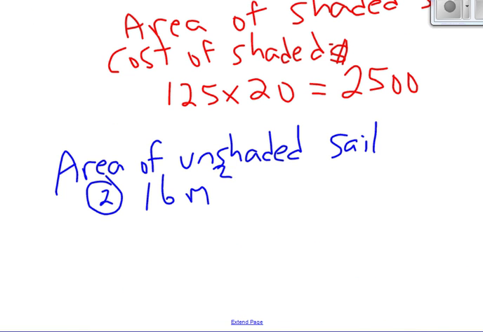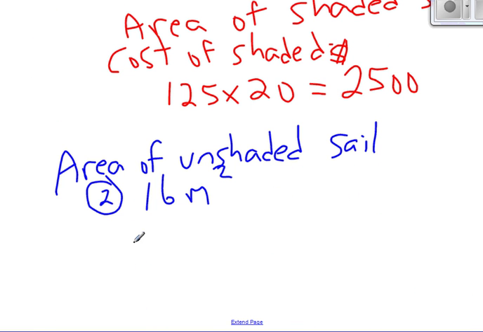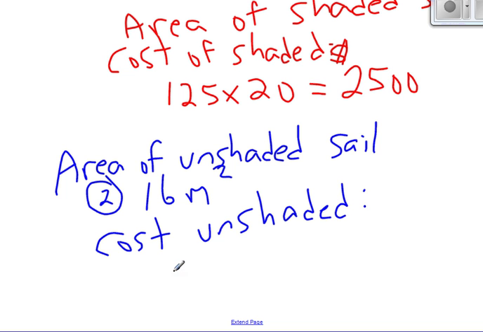And it costs $32 per square meter. So the cost of the unshaded would be $32 times 16 square meters. So 32 times 16 gives us $512.